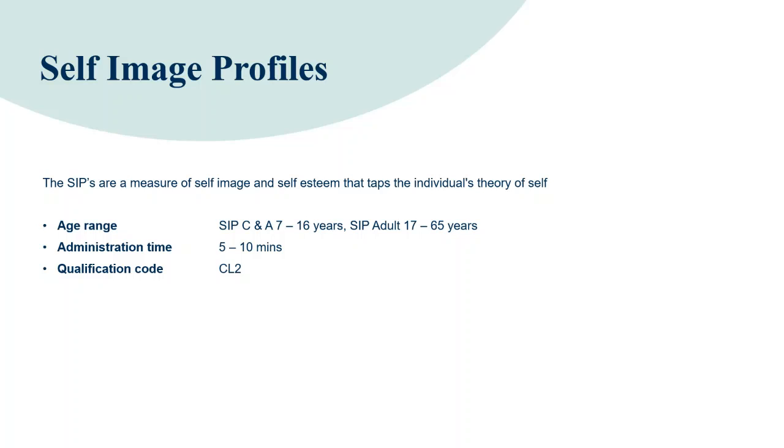All statements are generated by the participant, and the participant indicates how they think they are and how they would like to be, using a 0 to 6 scale, 0 being not at all and 6 being very much.